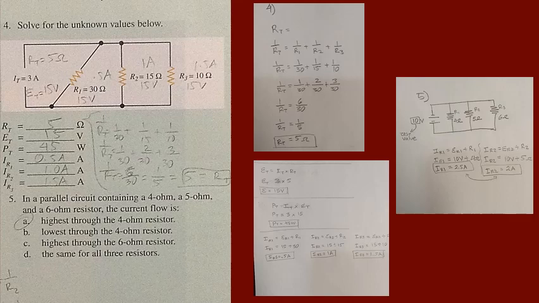In this case, we already know both the total current and the total voltage. 3 times 15 equals 45 watts, or 3 amps times 15 volts equals 45 watts.